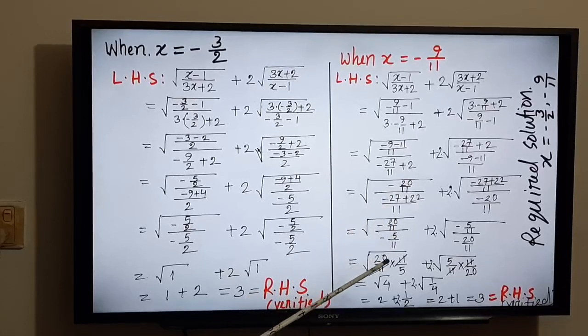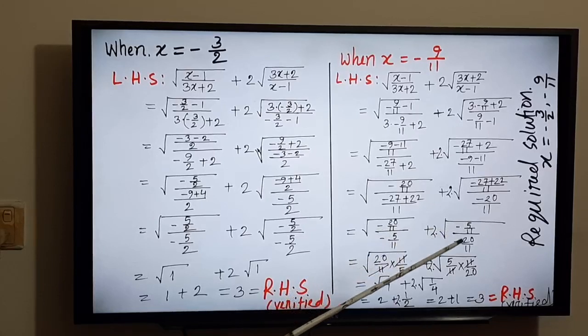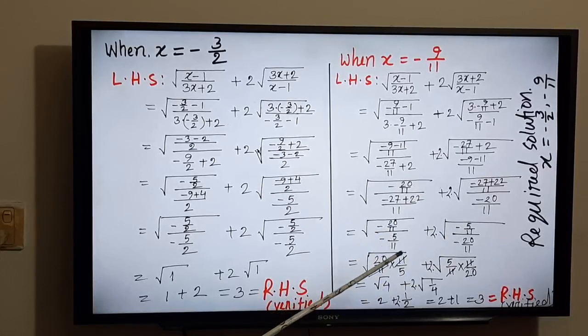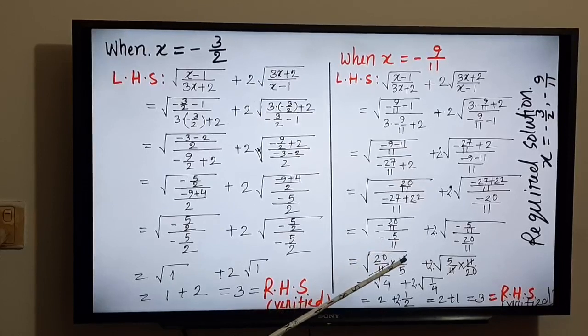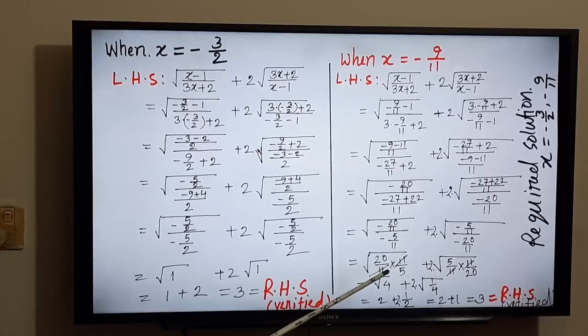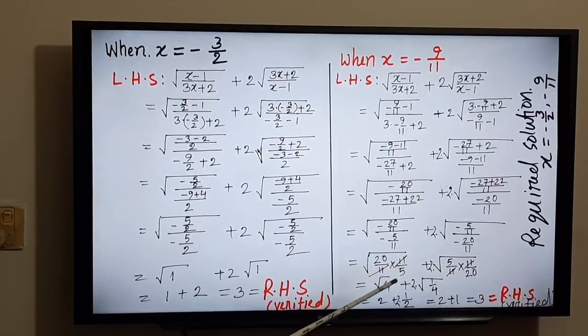So minus and minus will be removed, and 20 divided by 11 will be reversed because it has a divide. After multiplication, 11 and 11 will be discarded, then 20 divided by 5 is equal to 4, and this term is the same, just the reverse term.